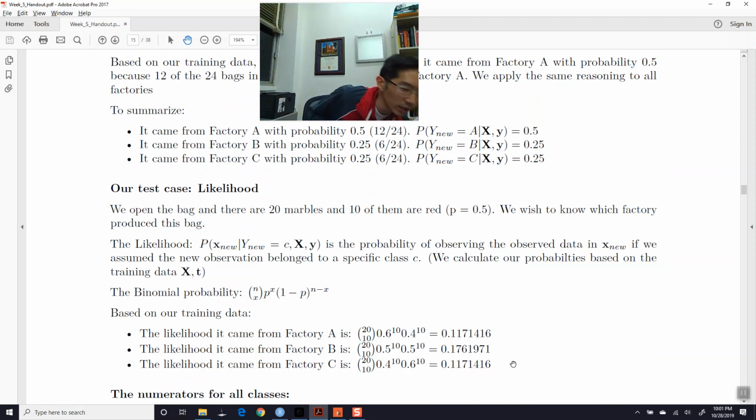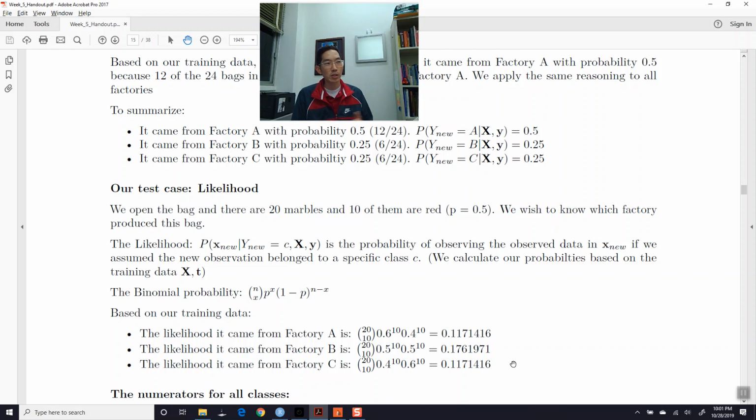One is asking, what's the likelihood of the data that we see inside the bag, and that depends on our training data, where we said factory B is 50% red, 50% blue, and when we opened our bag, it was 50% red, 50% blue, so it seems like factory B is going to be most likely. But we have to balance that with the other fact that in our training data, factory B only produced a quarter of the bags, whereas factory A produced half of the bags.